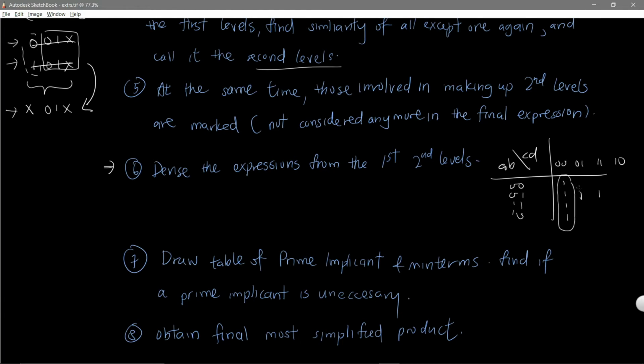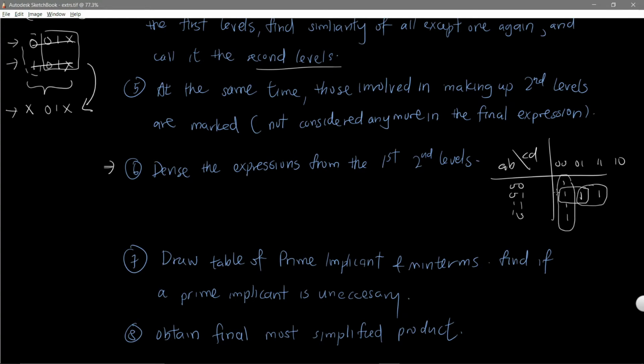Typically, people will group this and this, but up to the sixth step, we may have something like this. And this third grouping is totally unnecessary, and we can't reach the most simplified expression if we don't remove it, right?